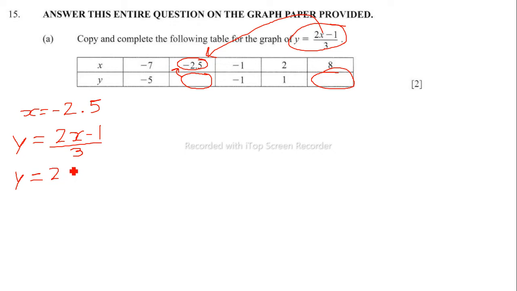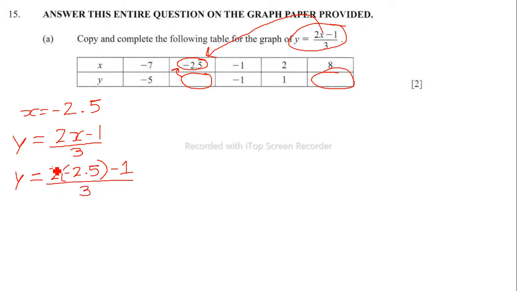That would be 2 open bracket negative 2.5, just substituting it inside. So we keep the 2, and wherever the x is, we replace it. So divided by 3.